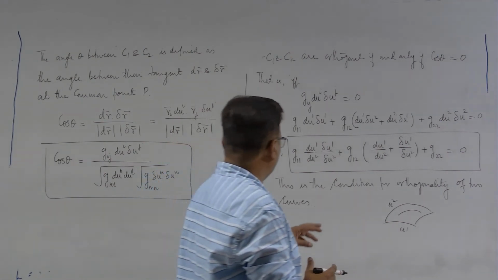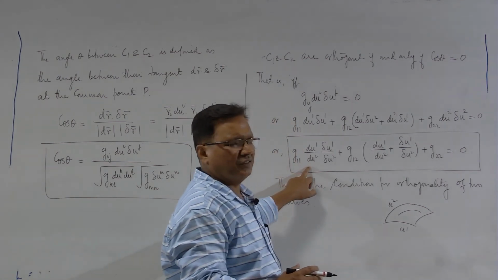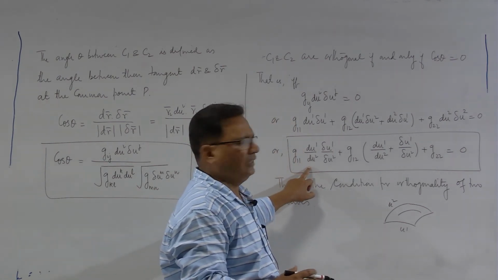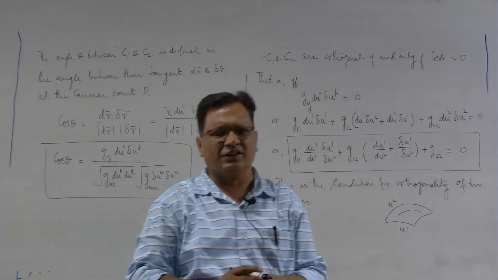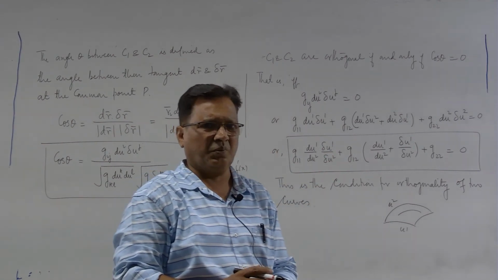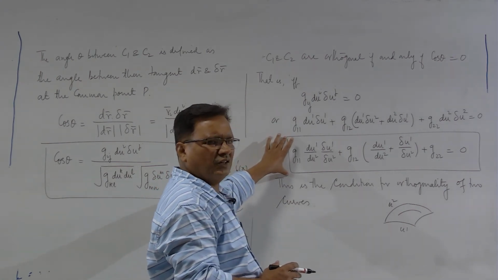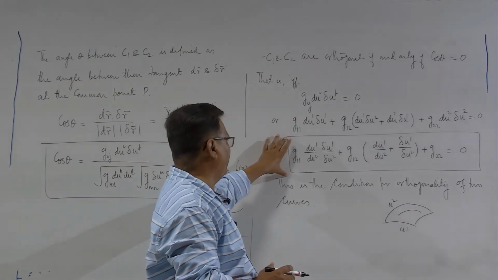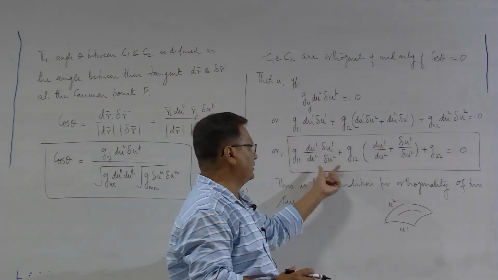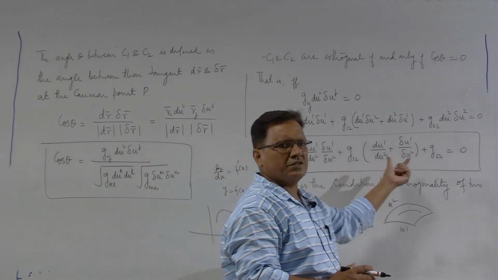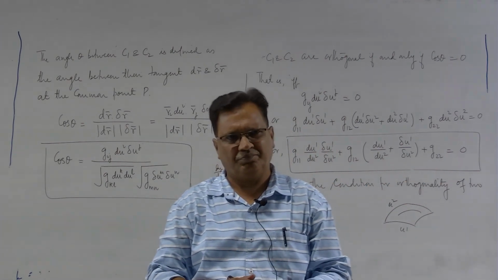The quantity d u 1 upon d u 2 is the direction of the first curve C 1, whereas delta u 1 upon delta u 2 is the direction of the second curve. So, this relation tells me that the two curves are orthogonal to each other if and only if g 1 times the product of the directions plus g 2 times the sum of the directions plus g 2 is 0.